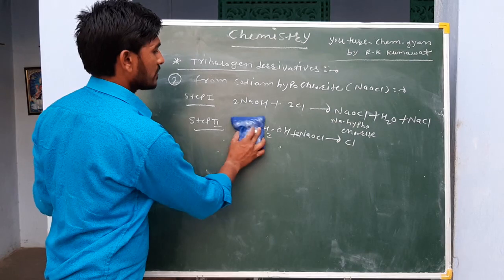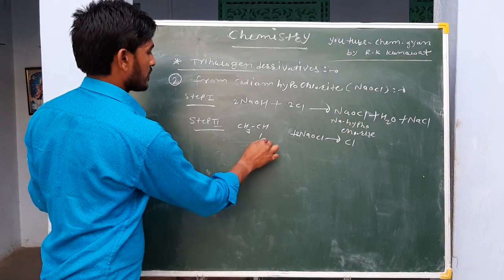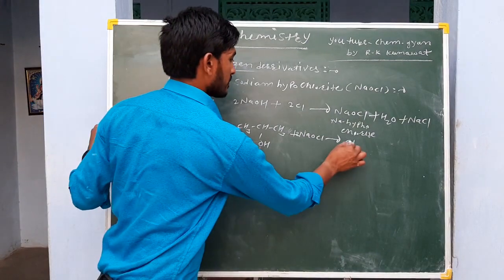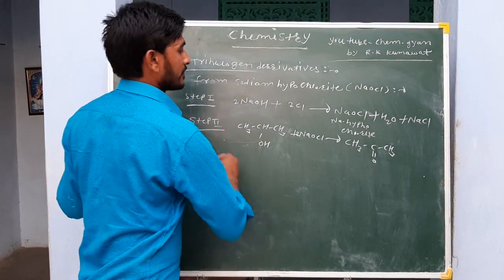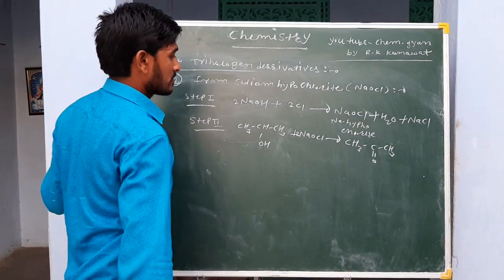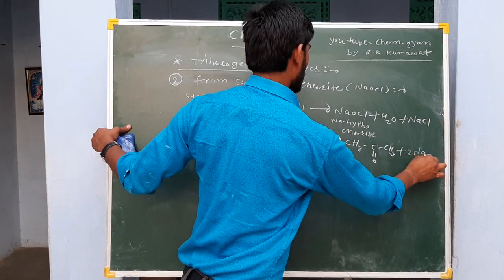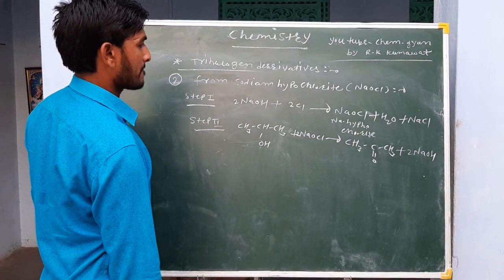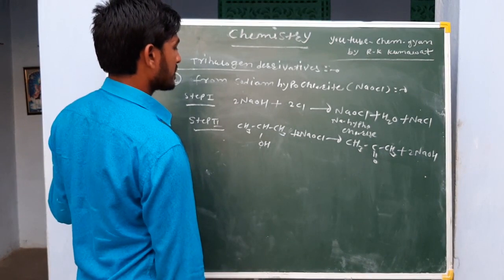Here we use a secondary alcohol, CH3CHOHCH3. When the product is formed, CH3COCH3, acetone, and two NaOH molecules are formed.